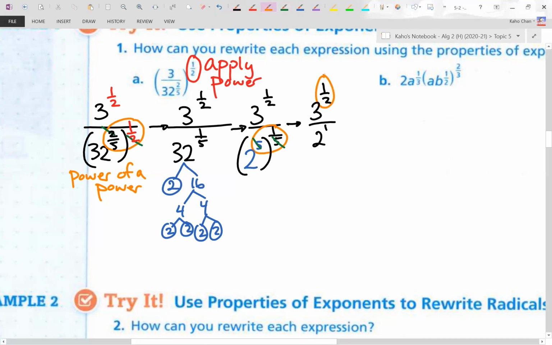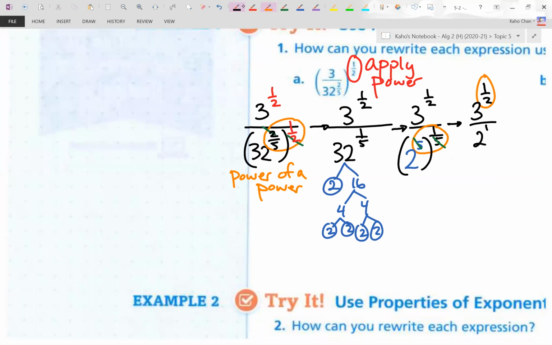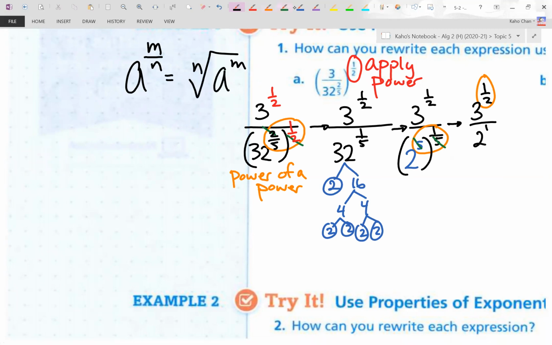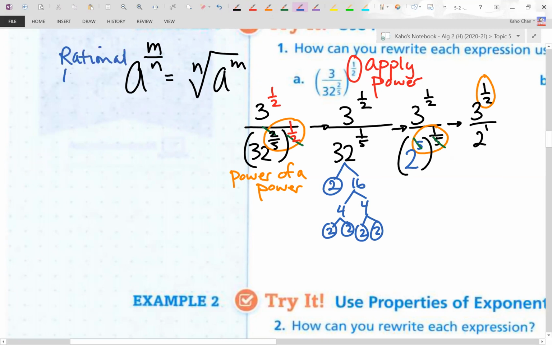Okay? If we convert that to a radical form, as you recall, fraction powers are a to the m over n is equal to the nth root of a to the m. This is a rational exponent, also known as a fraction power.